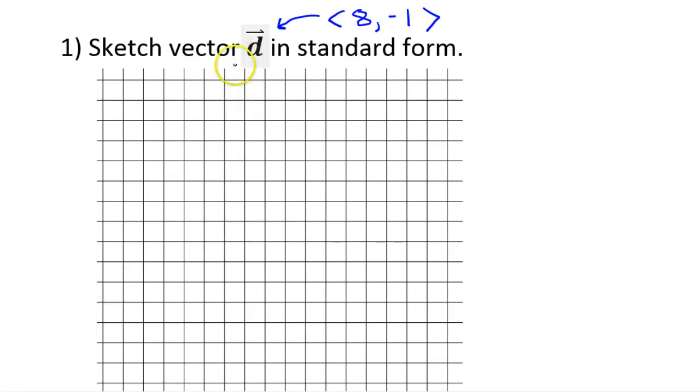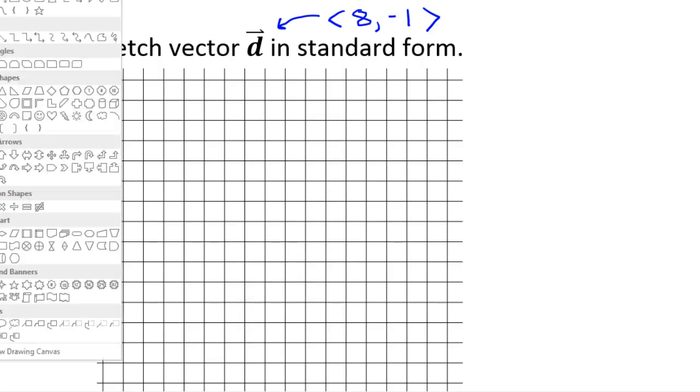So first, we are supposed to sketch vector D in standard position. And vector D is 8, -1. Standard position is all about starting from the origin, so that means we are going to need an x and y axis.